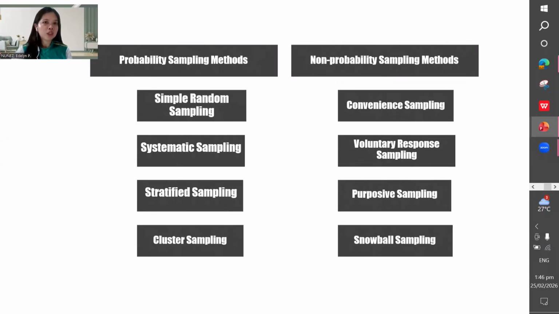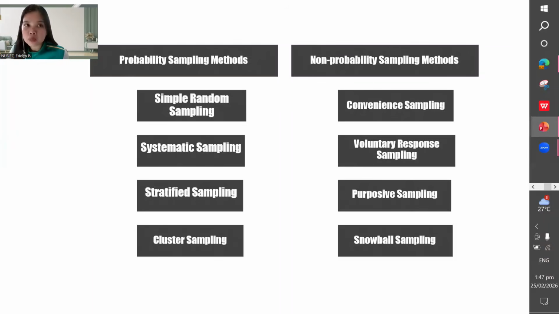Because when we do probability sampling, you need to have the list of all the students and then you do the random sampling. Then you choose that individual and you need to find that individual to answer your survey. So in other words, probability sampling methods should have a list of possible respondents, and then you need to find that particular person.